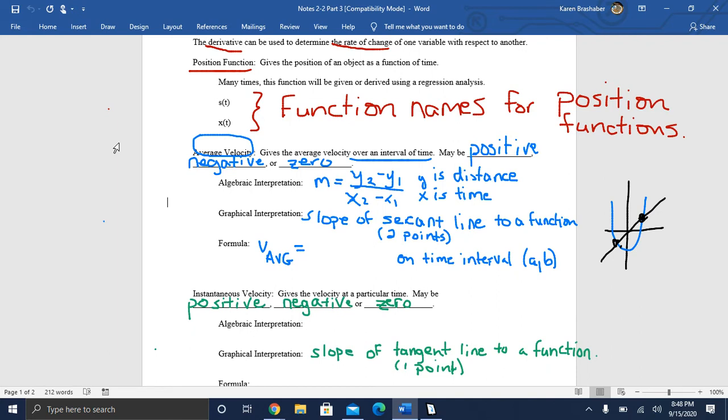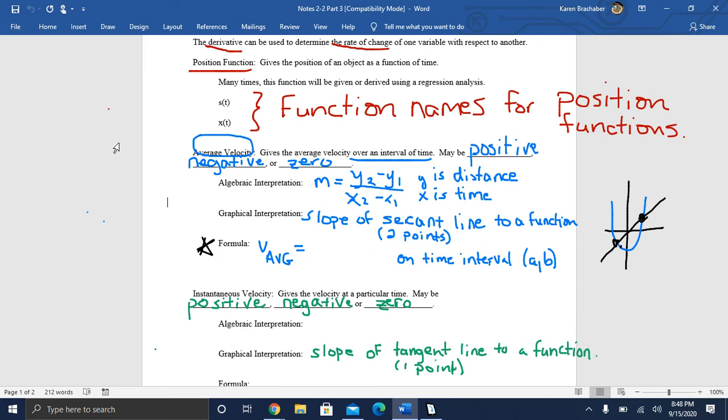And then the formula that we'll be using, and really it's nothing more than doing the slope, but using the function notation, using often s of t.